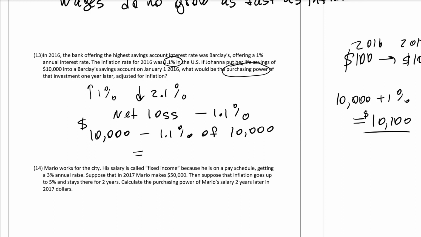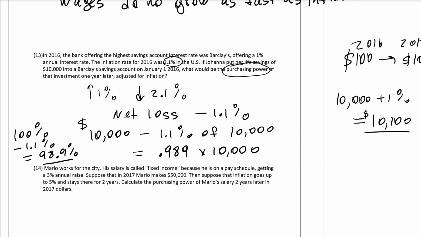So if something goes down by 1.1%, you can do it the long way, but a quicker way is to multiply by 0.989. If you forgot, it's 100% minus 1.1%, which is equal to 98.9% of the value.